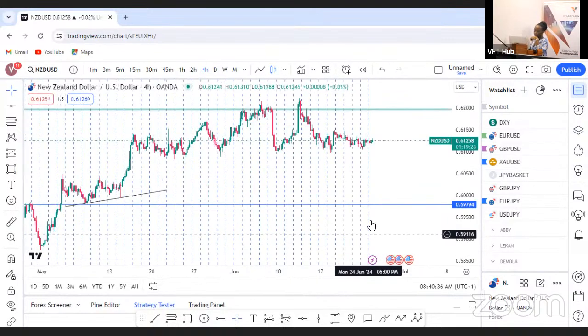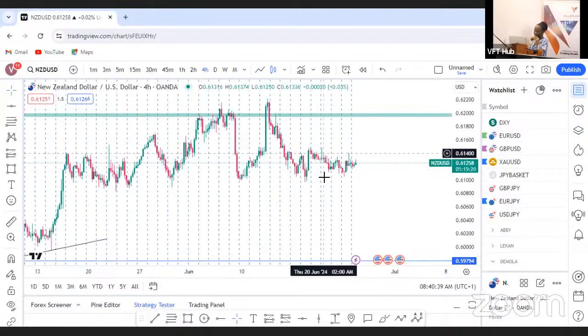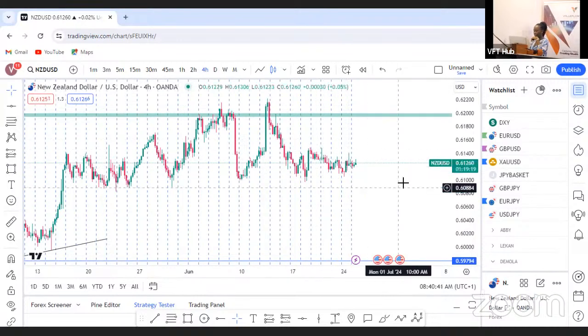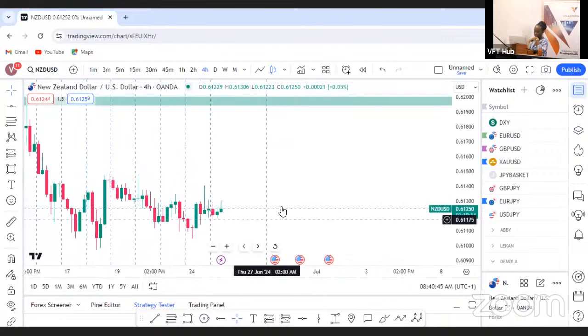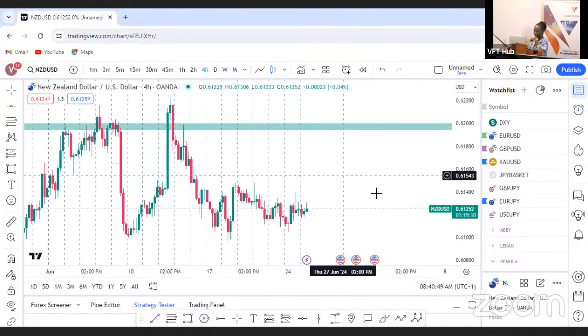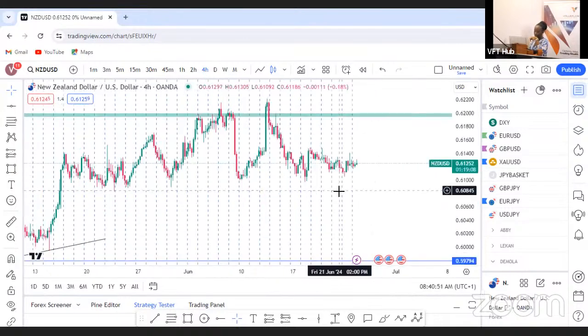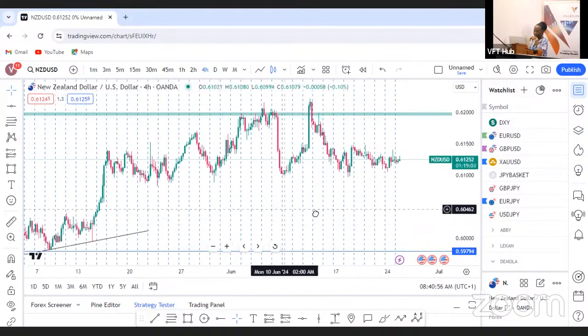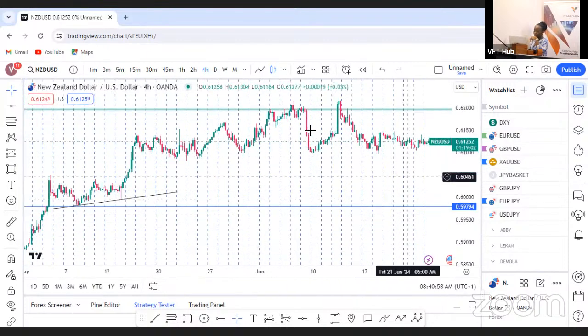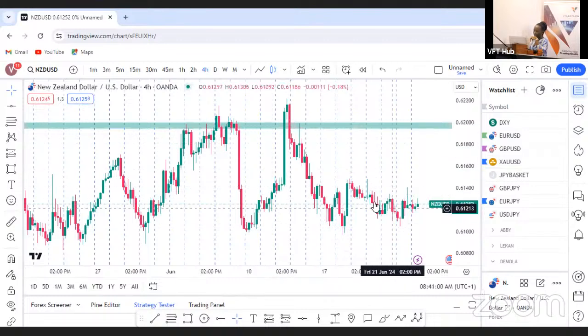On the 4-hour time frame as well, you see all of this structure. Look at what NZD/USD has been doing. I traded NZD/USD, was it last week or so, and it was really frustrating because it just kept dancing around. And that's the thing with commodity currency pairs, they can be very slow sometimes, right? So on the 4-hour time frame as well, we still see this being formed.